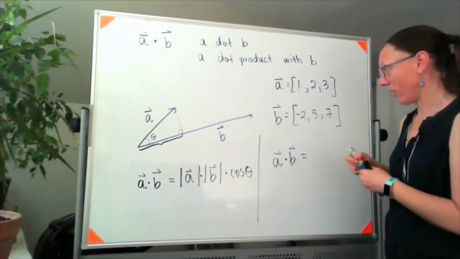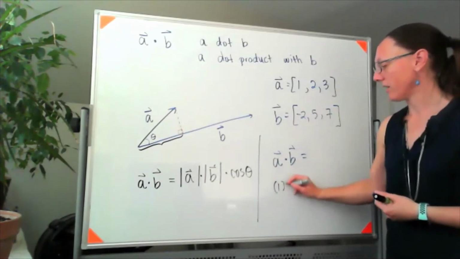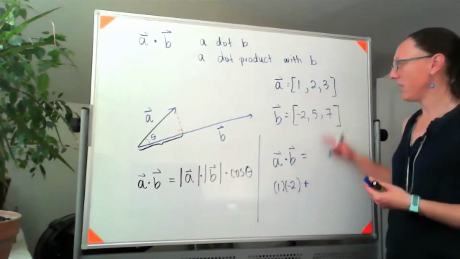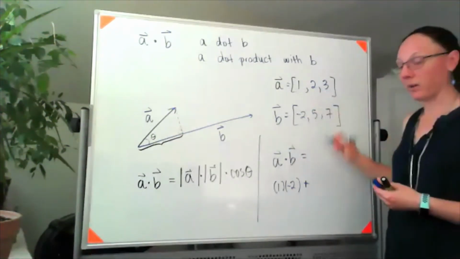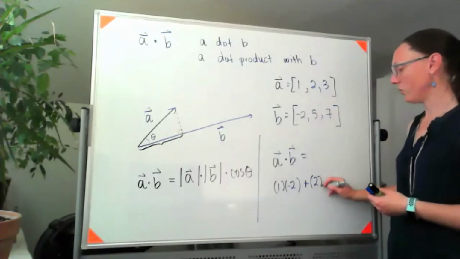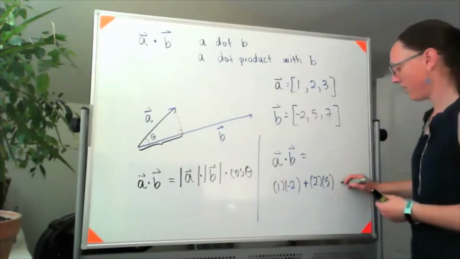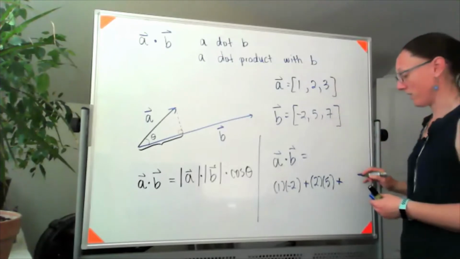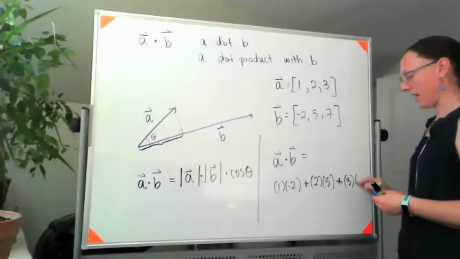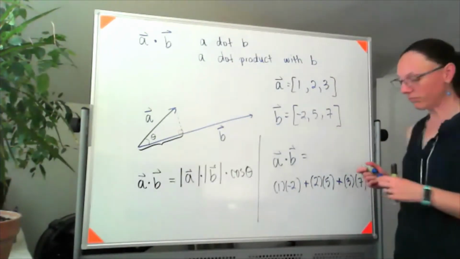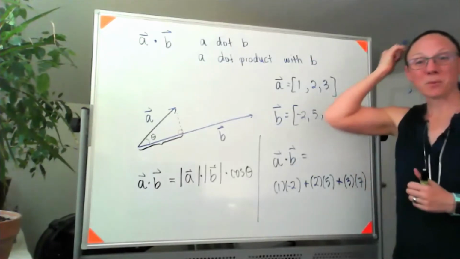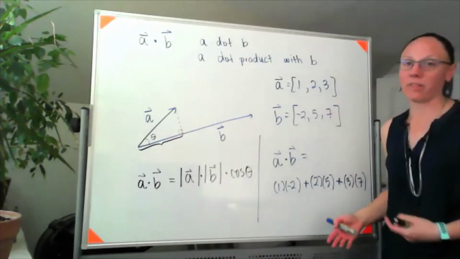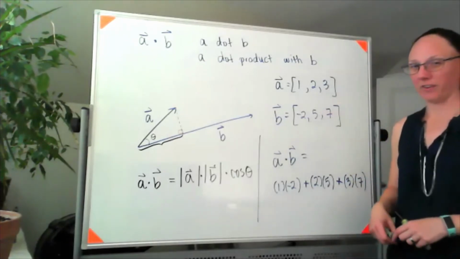So that's going to look like 1 times -2 plus, I'm going to multiply the two y components together, 2 times 5 plus, I'm going to multiply the two z components together, 3 times 7. So algebraically, it's a pretty simple thing to do. We just have to remember what that formula or sort of algorithm is.